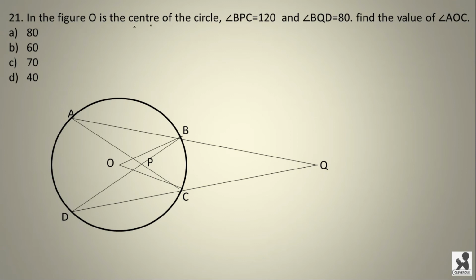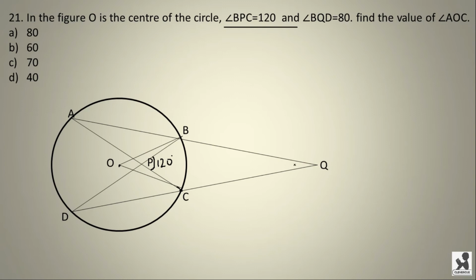In the figure, O is the center of the circle. So this is the center. Angle BPC is equal to 120 degrees. Angle BPC is given as 120 degrees. And angle BQD is equal to 80 degrees.